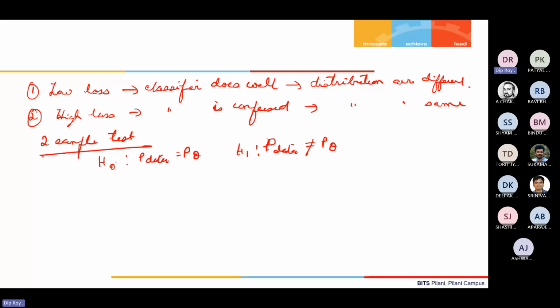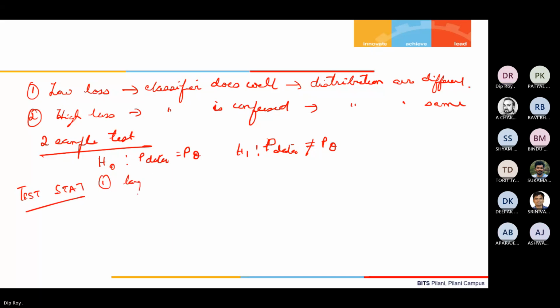So two conditions. The first is the test statistic is larger when the two distributions are more different.